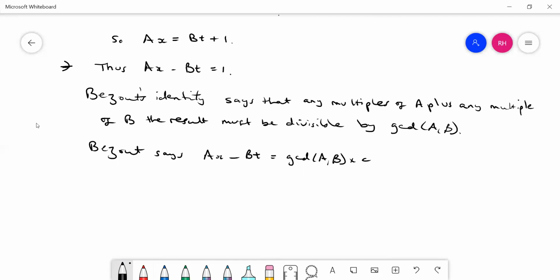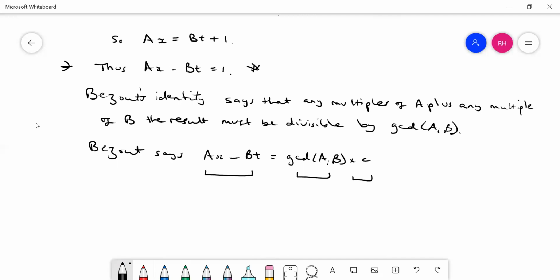We said this must be divisible by the GCD, and that just means it's the GCD times some constant. So now let's look up here.